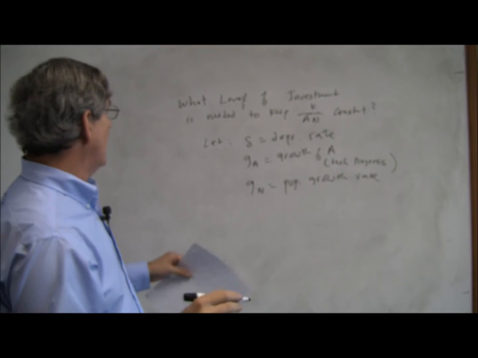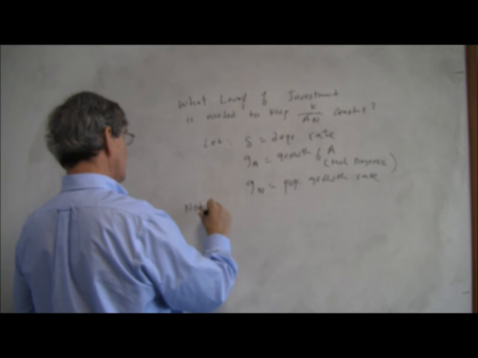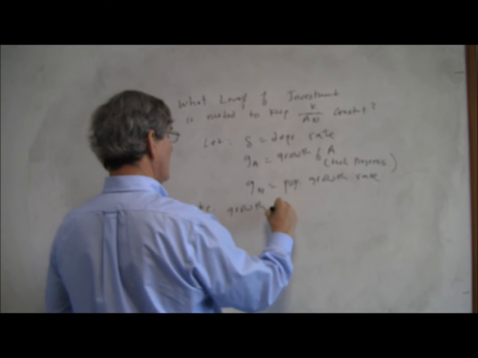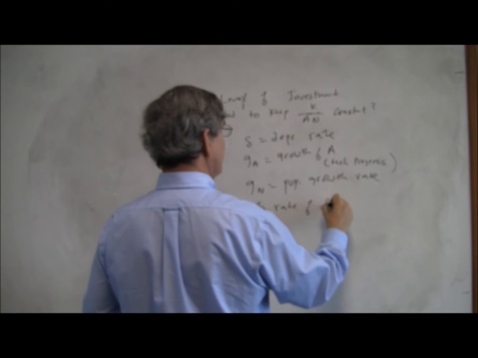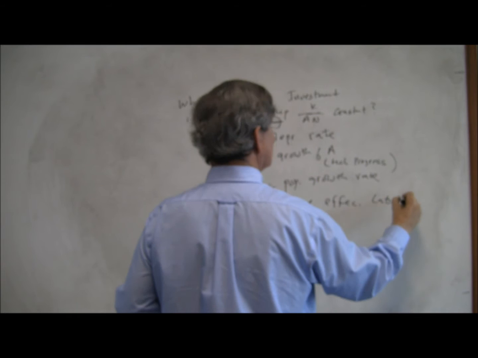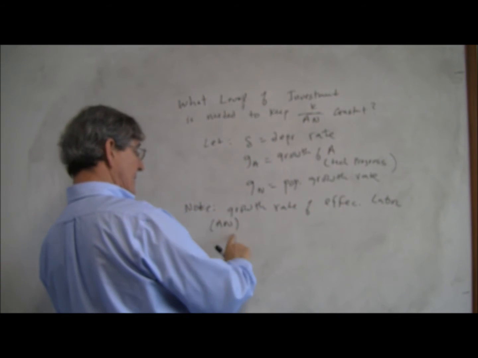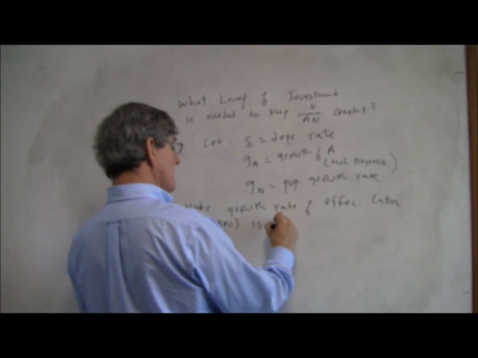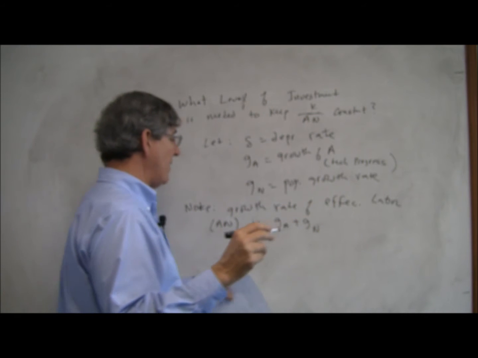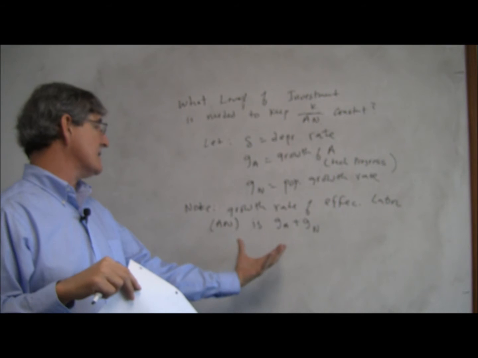Okay, now note the growth rate of effective labor, that's A over N. The growth rate of effective labor, A over N, is G of A plus G of N. I don't know if you know that rule from algebra, but the growth rate of a product is the sum of the growth rates.